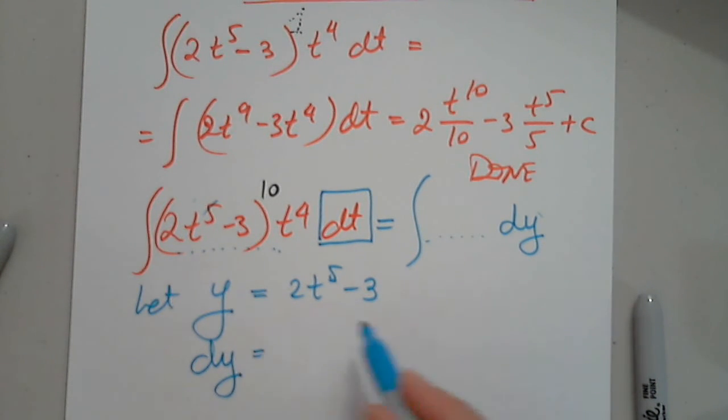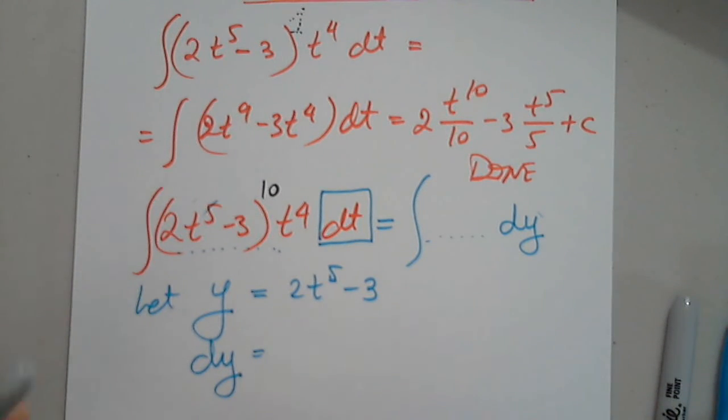But I know how to determine dy. Anyone remembers how to determine dy? The differential, not the derivative, but the differential of y. Anyone? Anyone remembers how to find the differential of y?